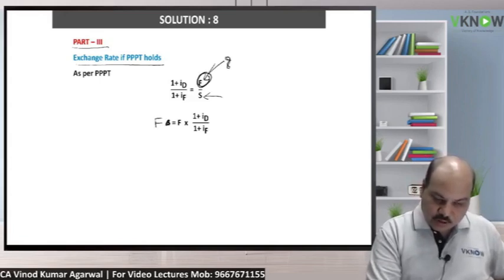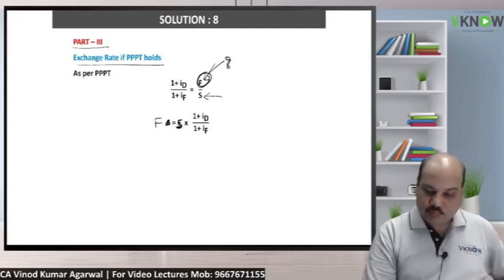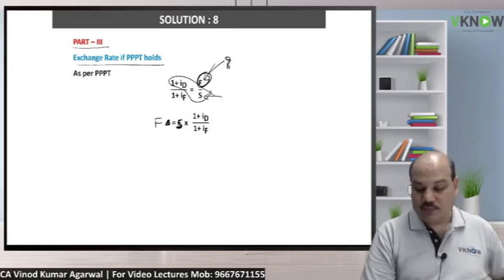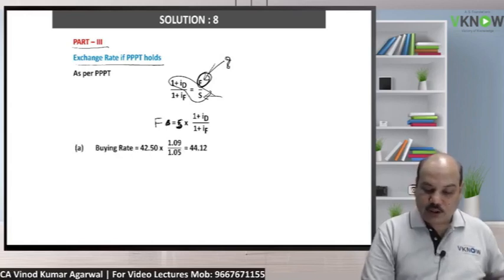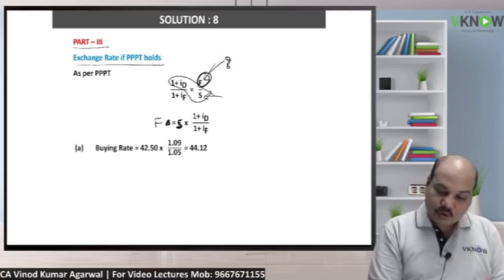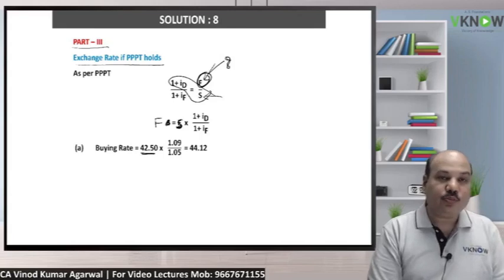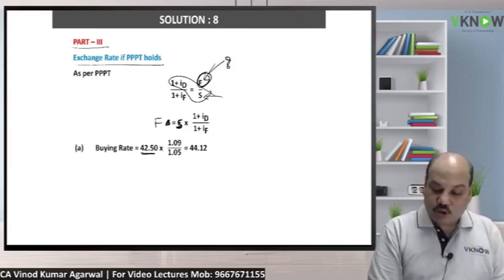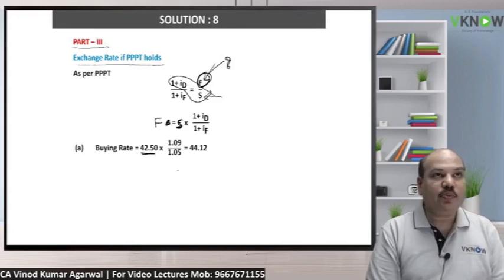So forward rate is equal to spot rate cross multiply into 1 plus ID upon 1 plus IF. So for buying rate, spot buying rate is 42.50. Check the question. Into 1.09 divided by 1.05.